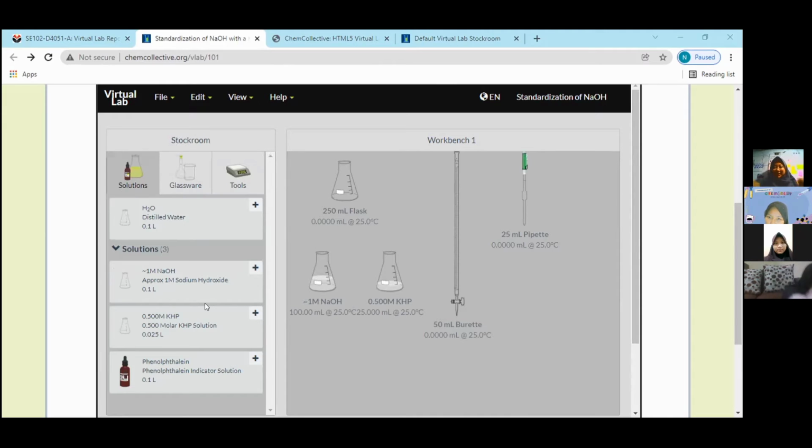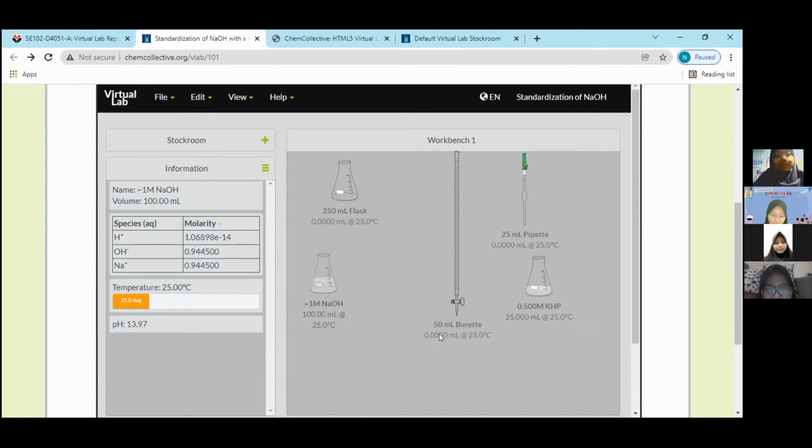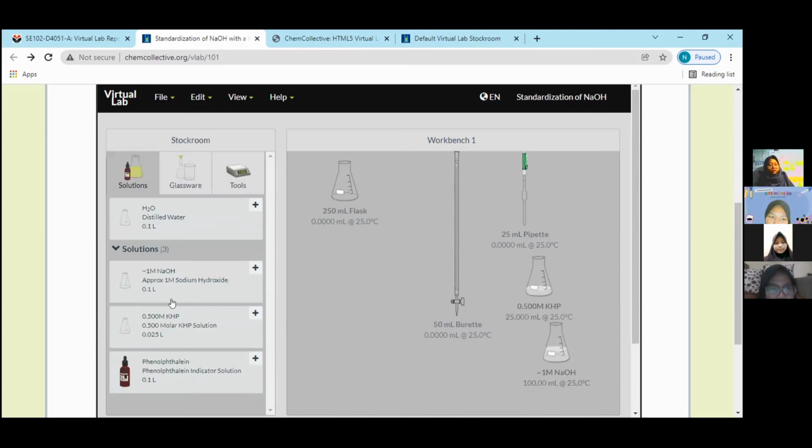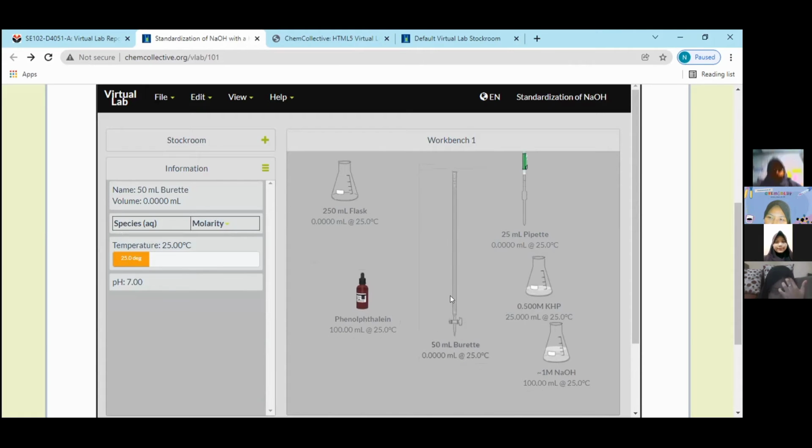Okay, thank you, Nida. After we complete the apparatus and the materials, let's start the simulation with Khaliza and Jihan. What's the first step that we have to do in this titration simulation?